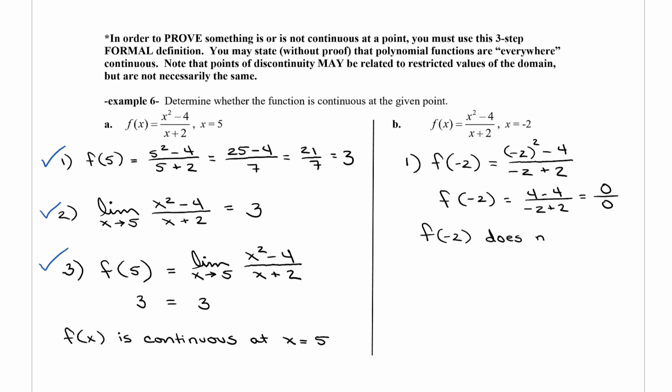So we're just going to write here f of negative 2 does not exist. So therefore, it does not pass step 1, and f of x is not continuous at x equal to negative 2. So these were our examples to check to see if a function is continuous at a given point.